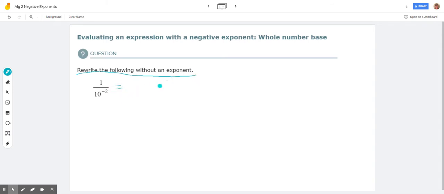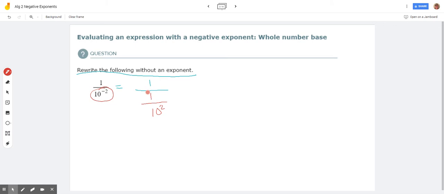Well, there's a couple ways of doing it. One is the more complex definition one. That's this one, okay? And then what is the definition of 10 to the negative 2? I'm going to circle it so you know. Okay, so 10 to the negative 2 becomes 1 over 10 squared. That is the definition, okay?